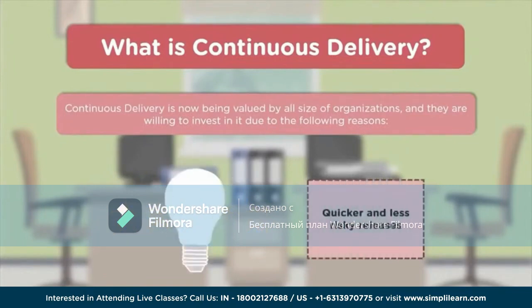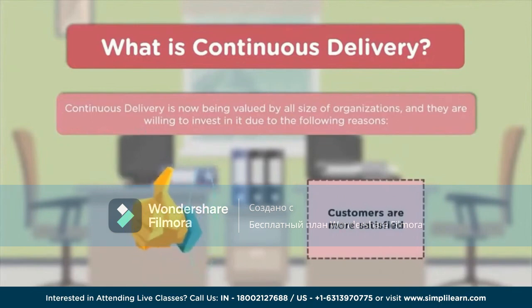It also helps us go for quicker and less risky releases. That's another benefit of this process. Customers are also satisfied because they feel that we are going with this automated process. Within a few days we are getting the deliveries. We don't have to wait for months to get our deliveries. That's the biggest benefit a customer usually gets with continuous delivery.